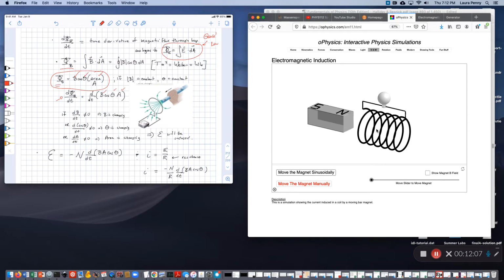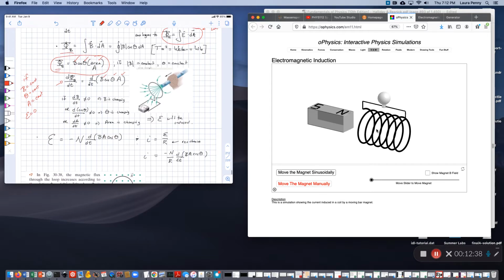If they don't vary with time, if the derivative of this is equal to 0, then EMF is equal to 0. So if the magnetic field is constant the whole time, and theta is constant, and the area is constant, then you have a 0 EMF because there's no derivative of the flux with time.